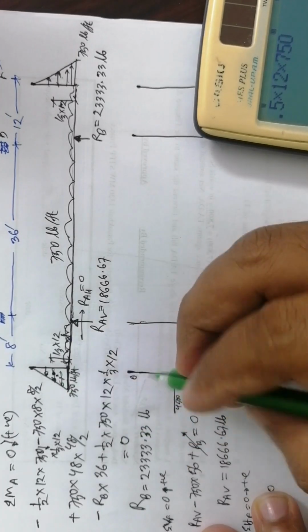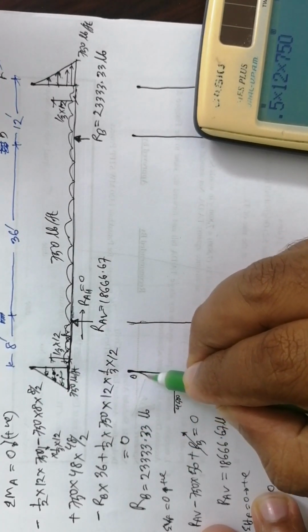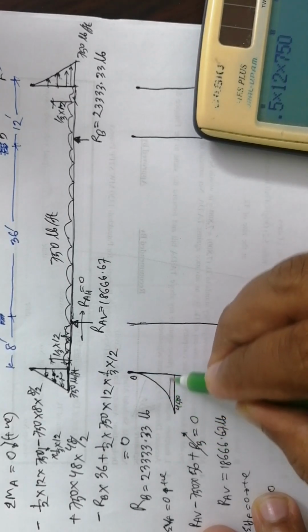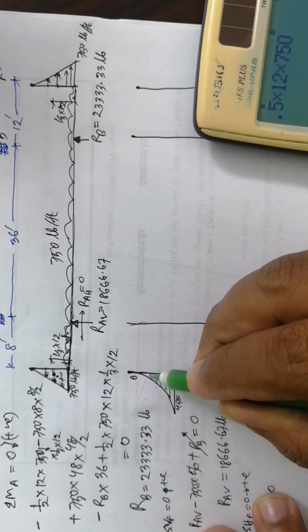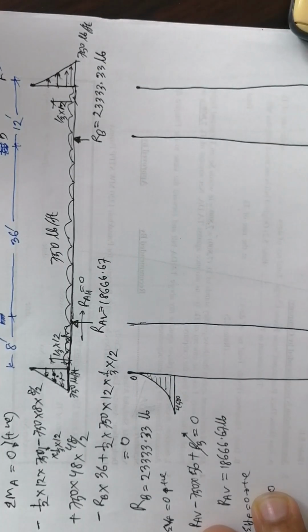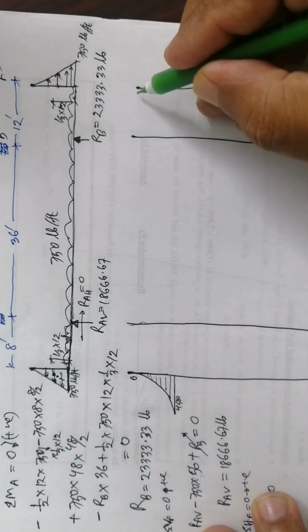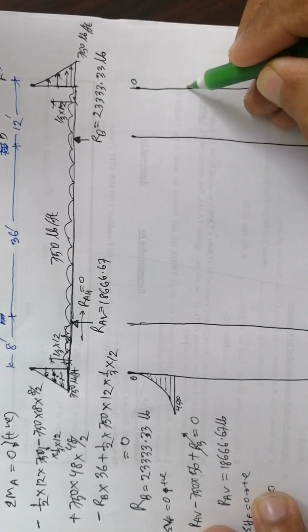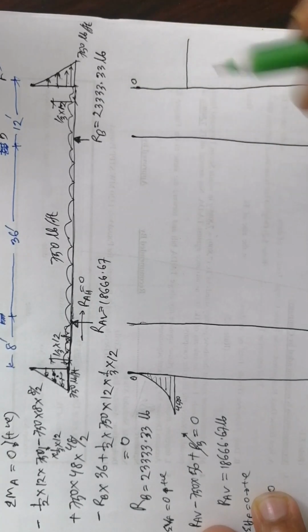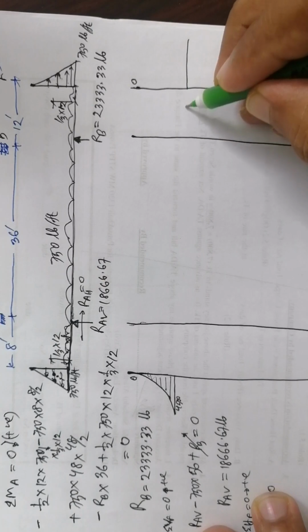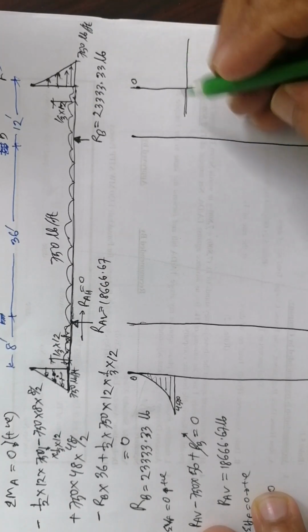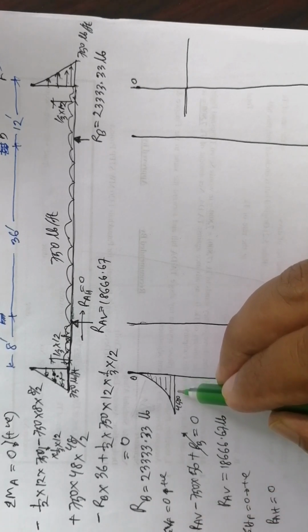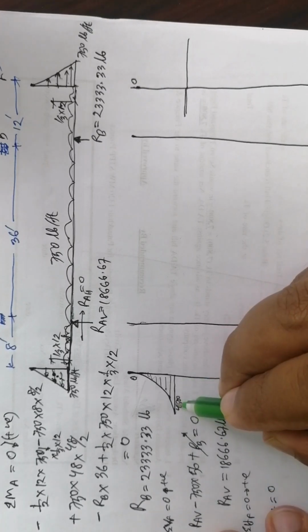Now this is a triangular section, so it should be curved. And for this side also, this is 0 and this is the force here.